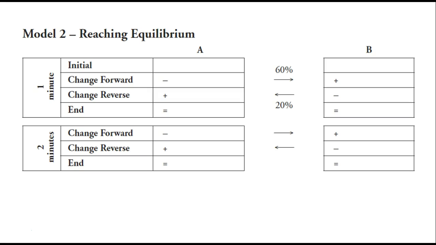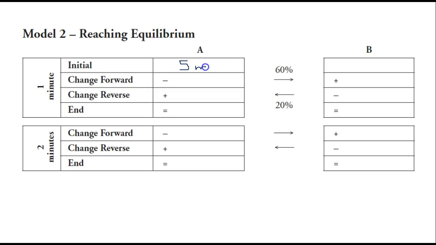And lastly, let's take a look at Model 2. This is where I'm thinking most of you probably thought you couldn't go any further, especially because A and B don't have initial concentrations, so you may not have known what to do there. To make this as simple as possible, let's just start off with A and B having the same number of moles as the previous example.